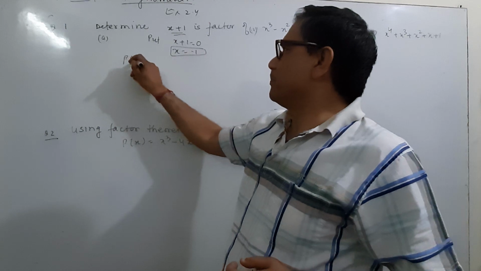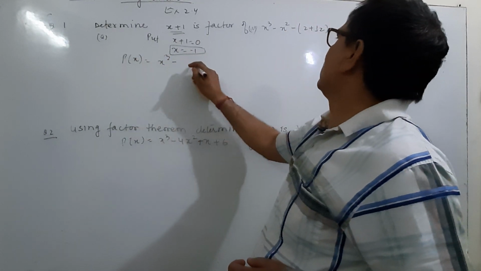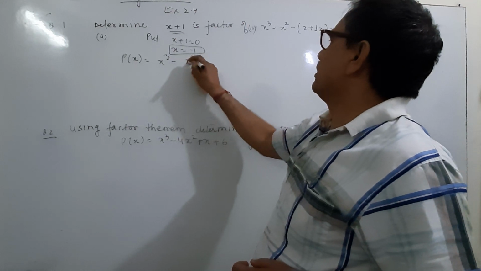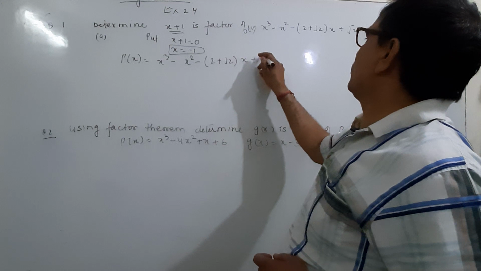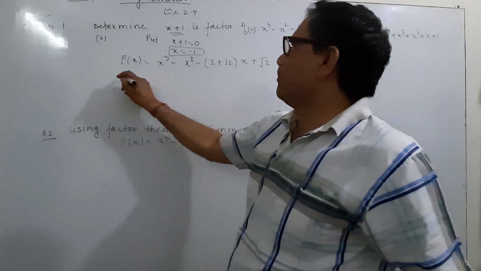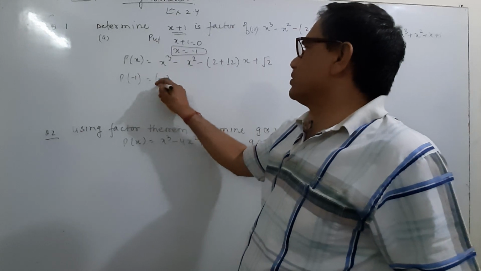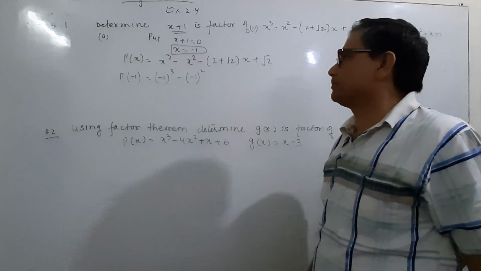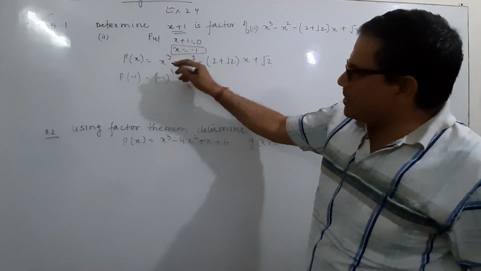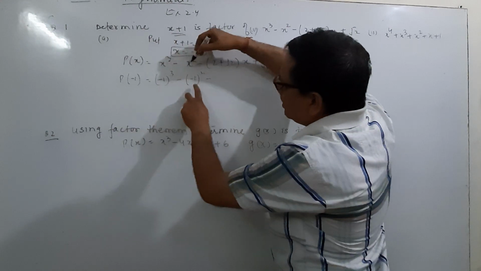P(x) equal to x cube minus x square minus (2 plus root 2) x plus root 2. And now P(minus 1): here we put minus 1 in place of x.